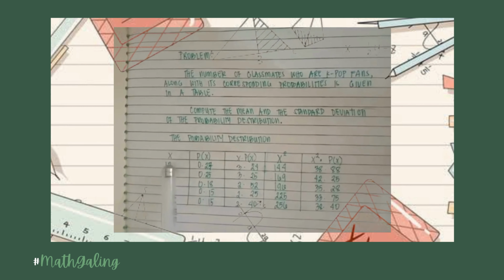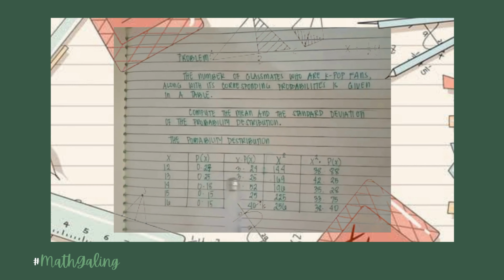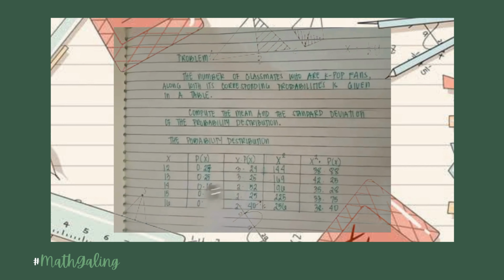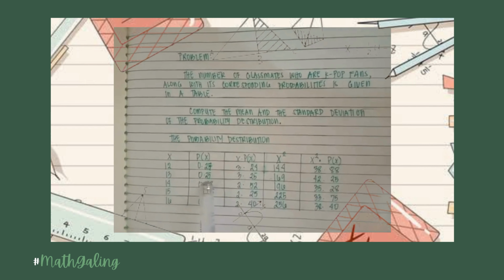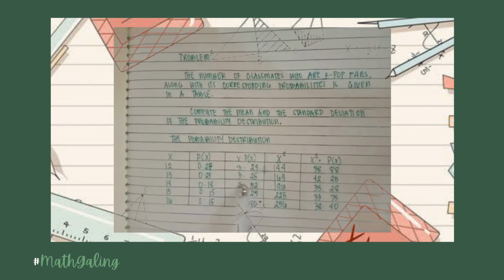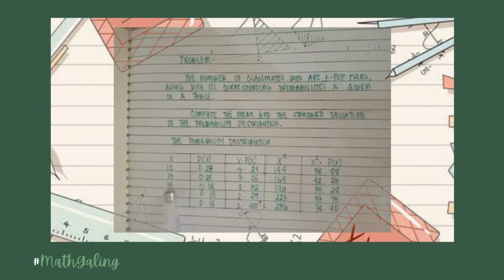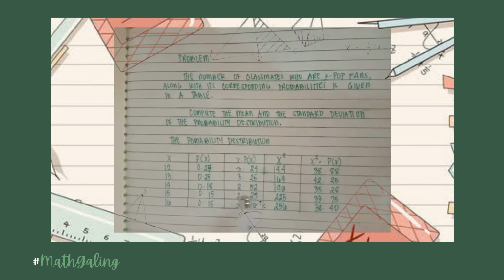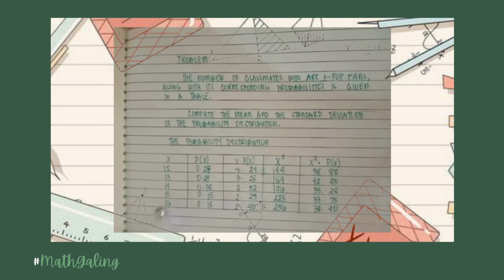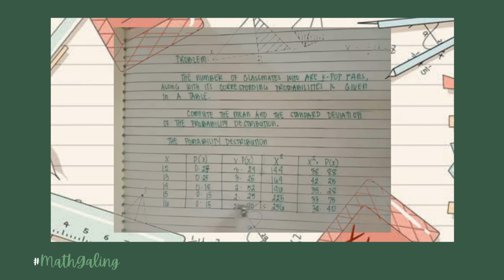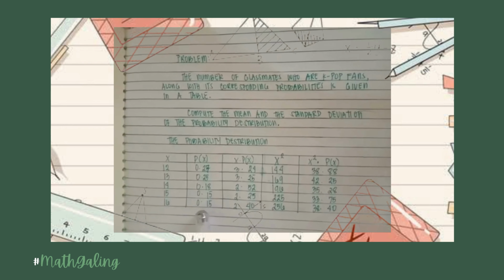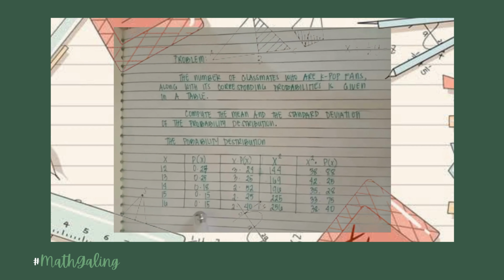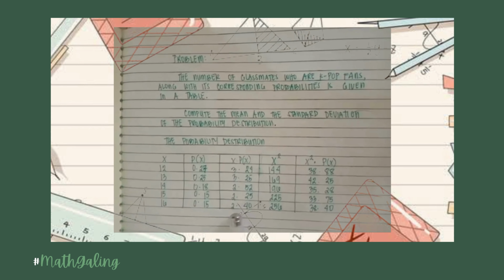So X times P(X): 12 times 0.27 equals 3.24. 13 times 0.25 equals 3.25. 14 times 0.18 equals 2.52. 15 times 0.15 equals 2.25. 16 times 0.15 equals 2.40.